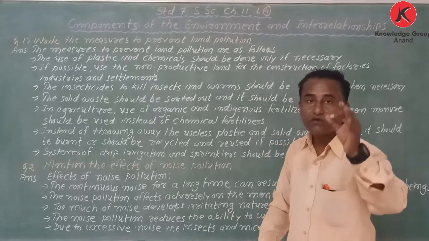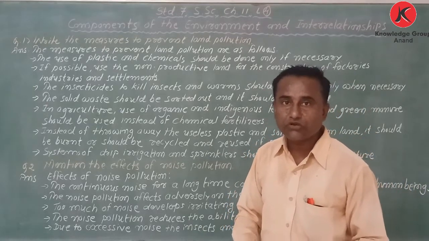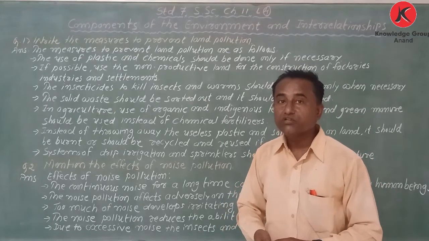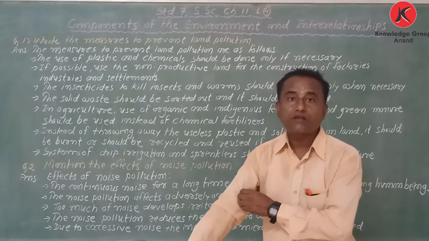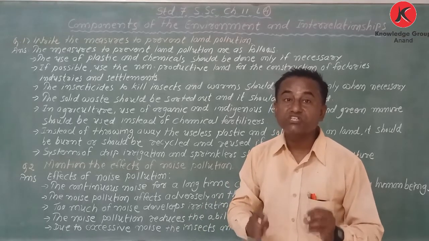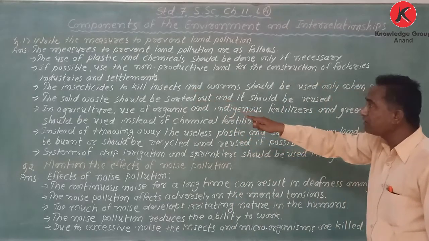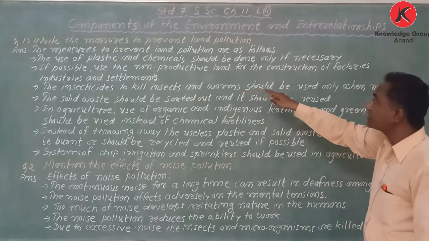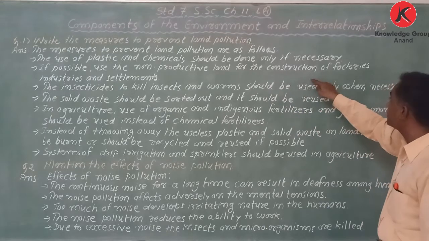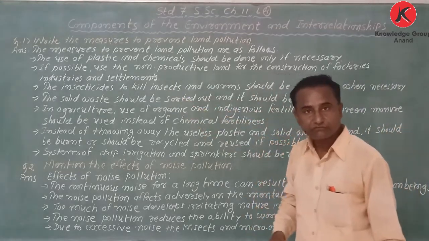Whenever you want to make a factory, industries or a house, first you can use, it is our duty to use the land which is not productive. So if possible, use the non-productive land for the construction of factories, industries and settlements.